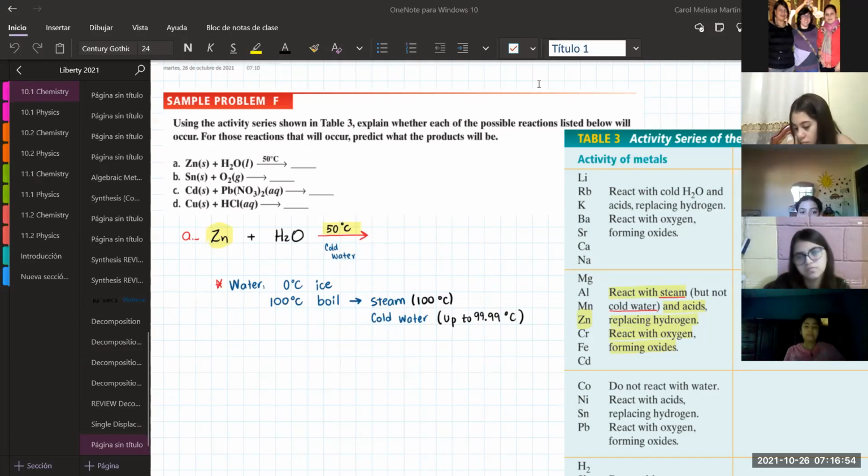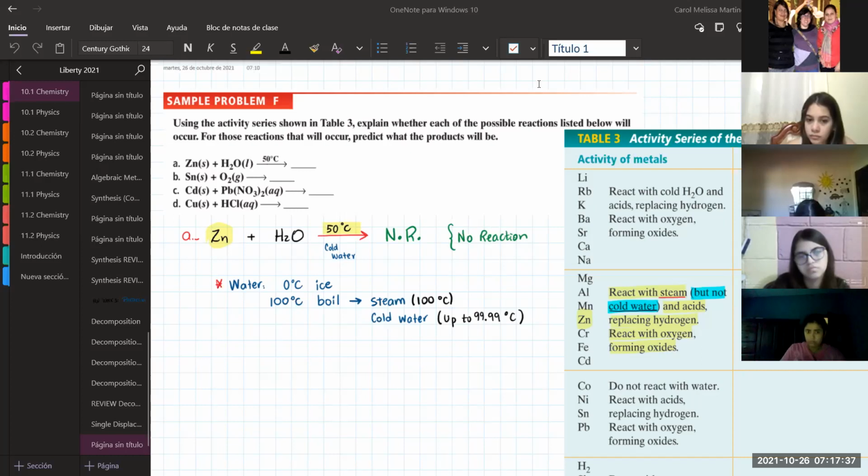Now, again, I need to read the paragraph about the reaction. It says that it reacts with steam but not cold water. That means that in this exercise, we have no reaction because the water is cold. So zinc is not going to react. So all we need to do with this exercise is writing an R to indicate no reaction, because that's the case.